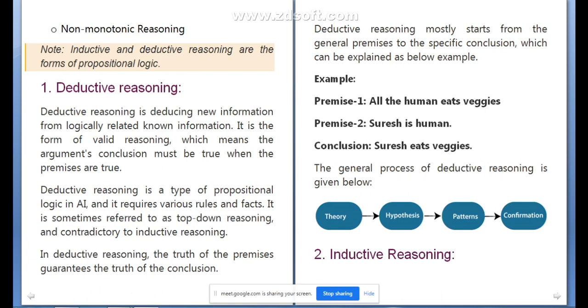So it requires various rules and facts. Sometimes it is referred to as top-down reasoning, contradictory to inductive reasoning. So deductive reasoning is nothing but to deduce new information from the logically related, known information.